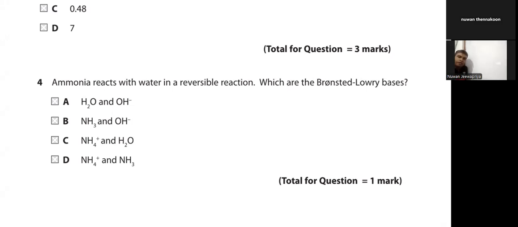Now, when I consider the answer, see that ammonia reacts with water. Now we consider the reaction between ammonia and water. When the ammonia reacts with water, ammonia has a lone pair.